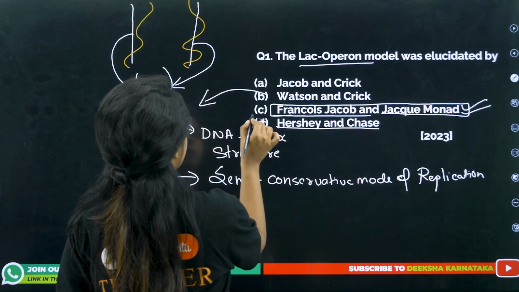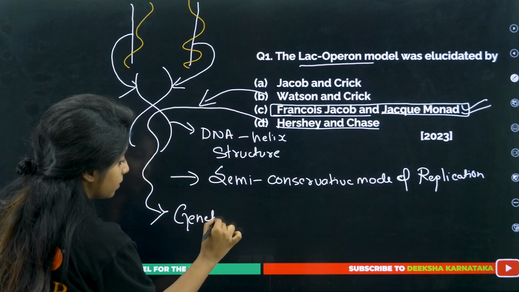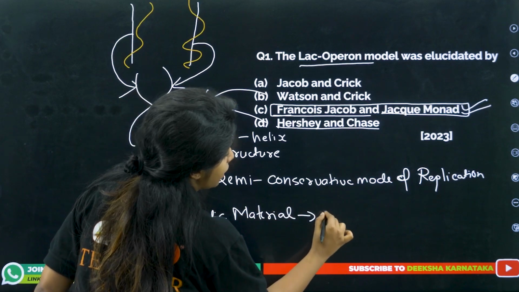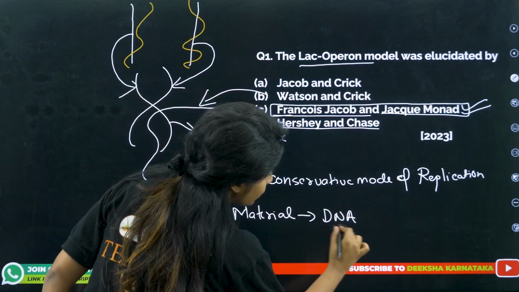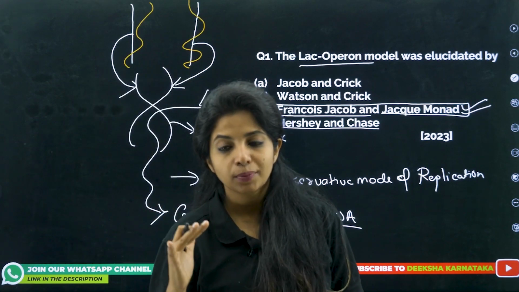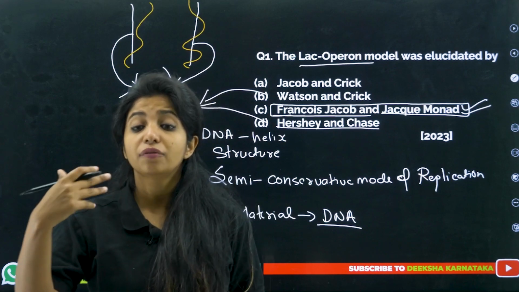Now what about Hershey and Chase? Hershey and Chase were the people who said that genetic material is definitely none other than DNA. They finalized it by doing an experiment with bacteriophage and E. coli. Until then, there were many experiments going on. For example, you might have heard about Griffith's experiment.